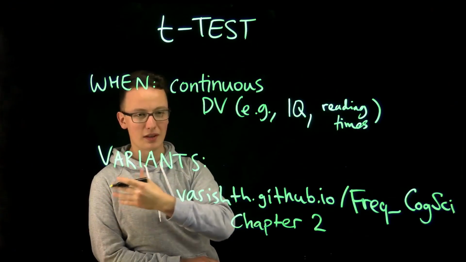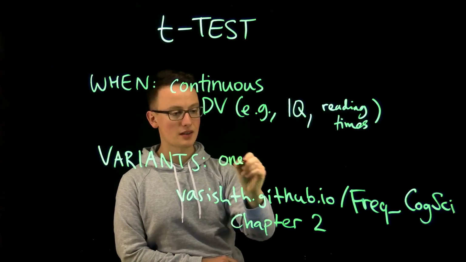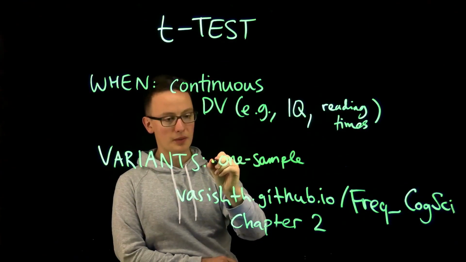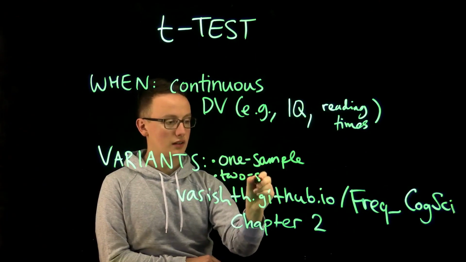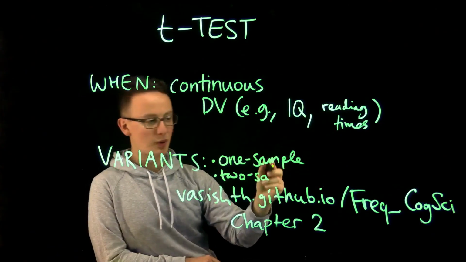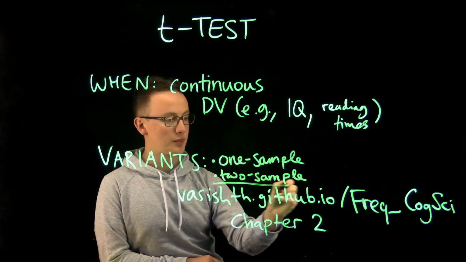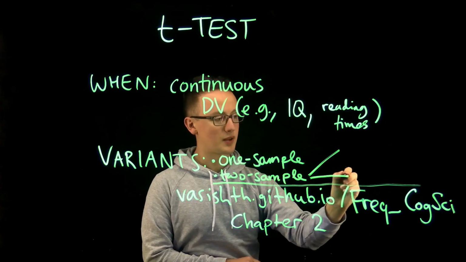So for example, we just did an example with IQ scores, which was a one sample t-test. But there is also, maybe you remember, the two sample t-test, right? That would be the case where you compare two experimental conditions. And of the two sample t-test, you also have two versions depending on the use case.